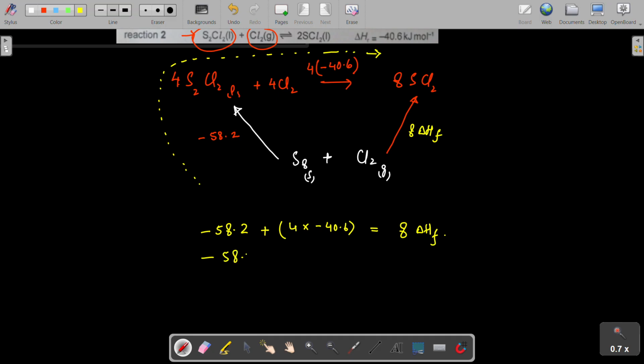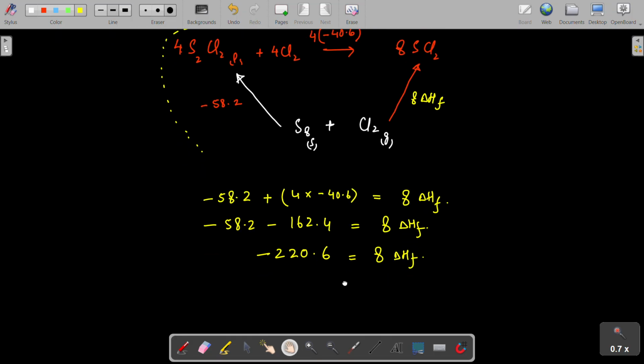Now minus 58.2, and if I multiply this 40.6 by 4, I will get minus 162.4. Adding these, I will get minus 220.6, which is equal to 8 times delta HF.